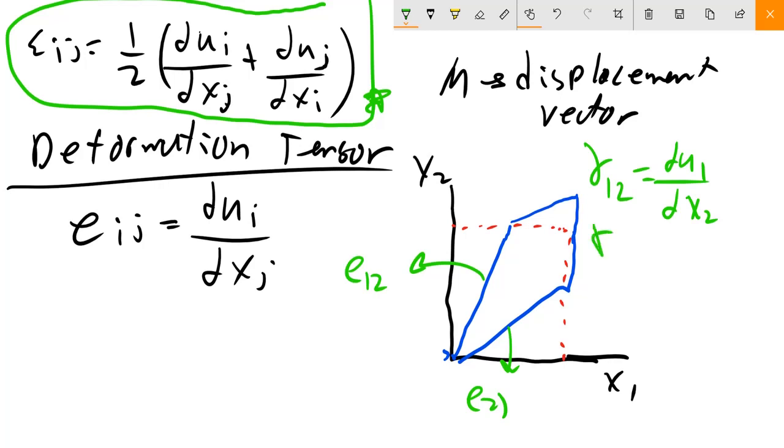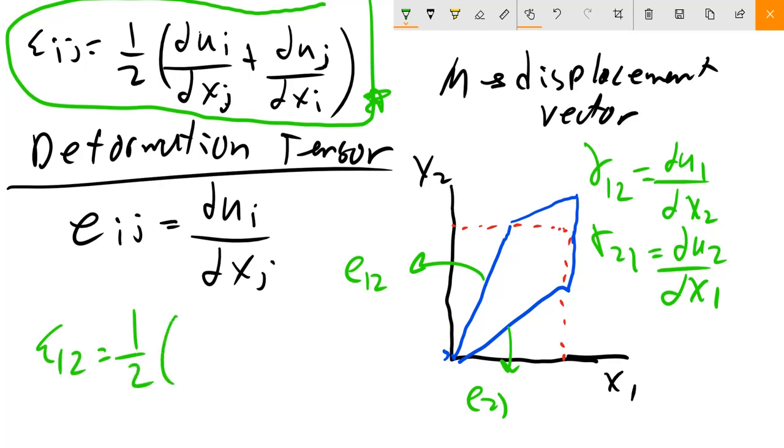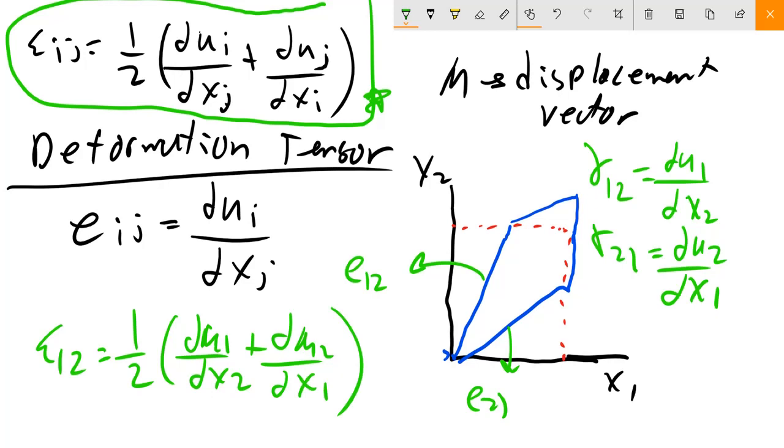If I want gamma, it is partial u2 partial x1. What is my definition of epsilon 1,2? Let's look at it right here. Epsilon 1,2 equals 1/2 times du1 divided by dx2 plus du2 dx1.